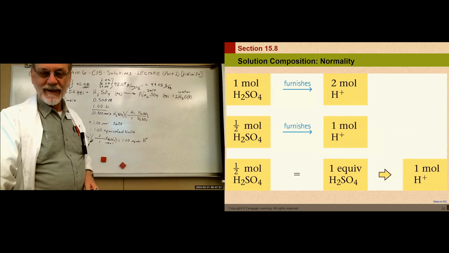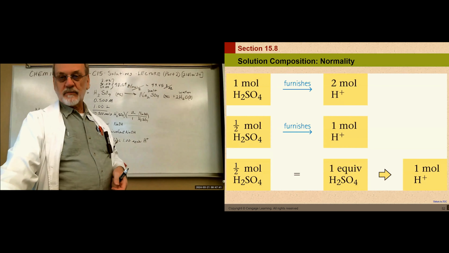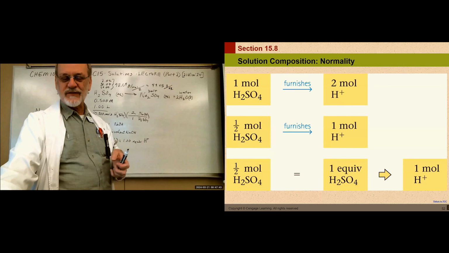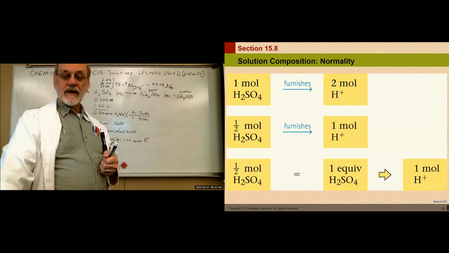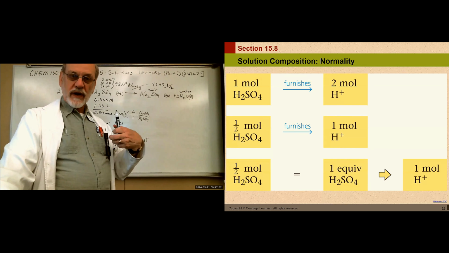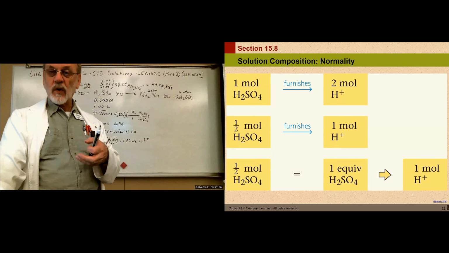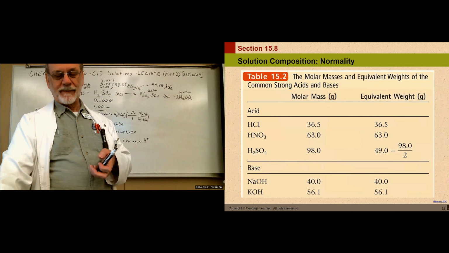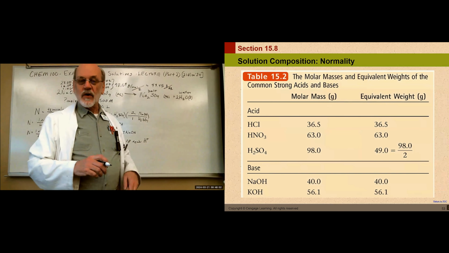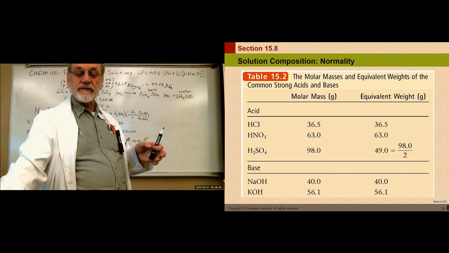All right. So this is an explanation in picture form that I just gave you in verbal form. 1 mole of sulfuric acid produces 2 moles of hydrogen. So 1/2 of the sulfuric acid will produce 1 mole of hydrogen. Okay. So here's an illustration that comes out of your textbook in chapter 15.